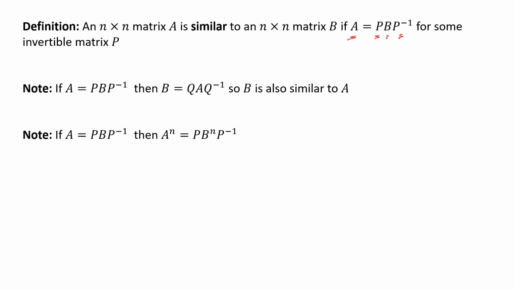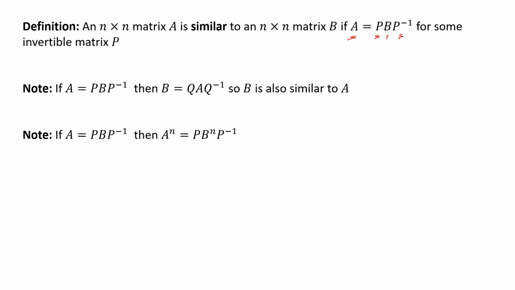And we're going to see that similar matrices share a lot of properties. They don't look the same. By glancing at the matrices, you probably wouldn't be able to tell that they are similar, but they do share a lot of characteristics in common. So we're usually interested in similar matrices.